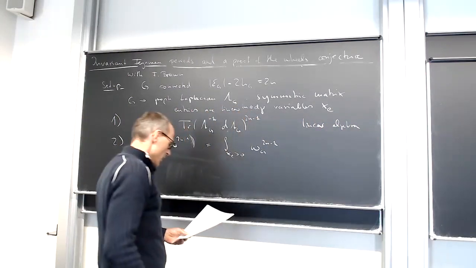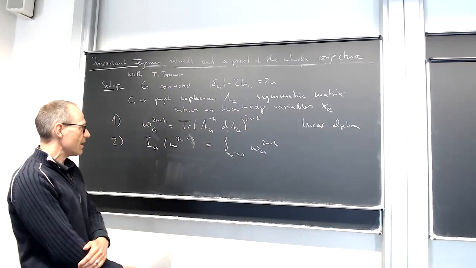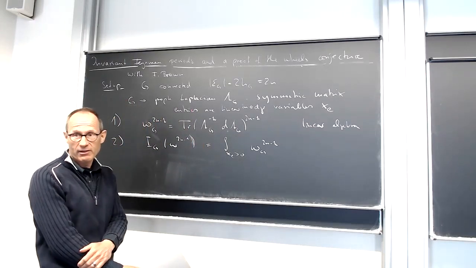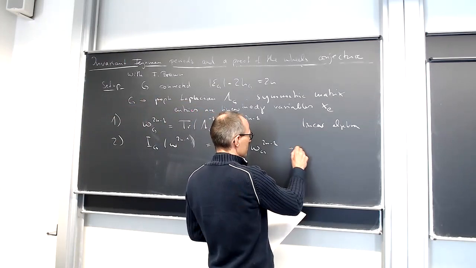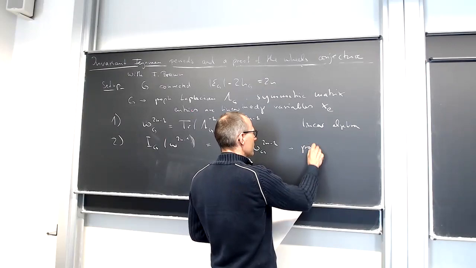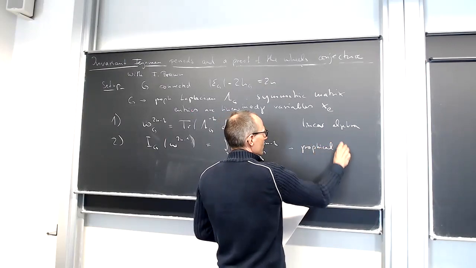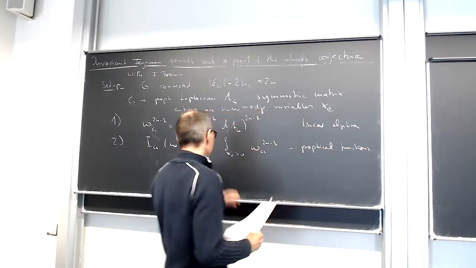And step 2, doing the integral, is something that we may hope to know from quantum field theory. So here is where my interest comes from. I developed this theory of graphical functions. I can do many of these integrals.